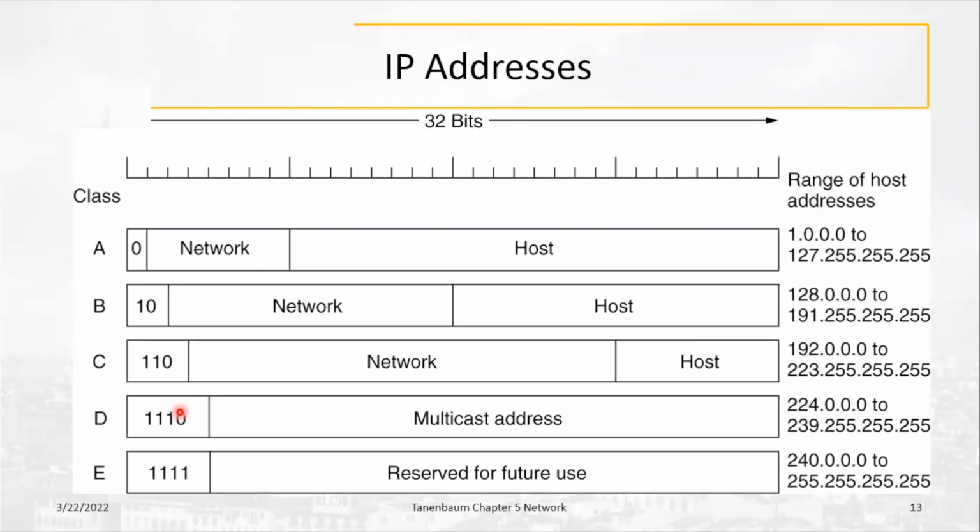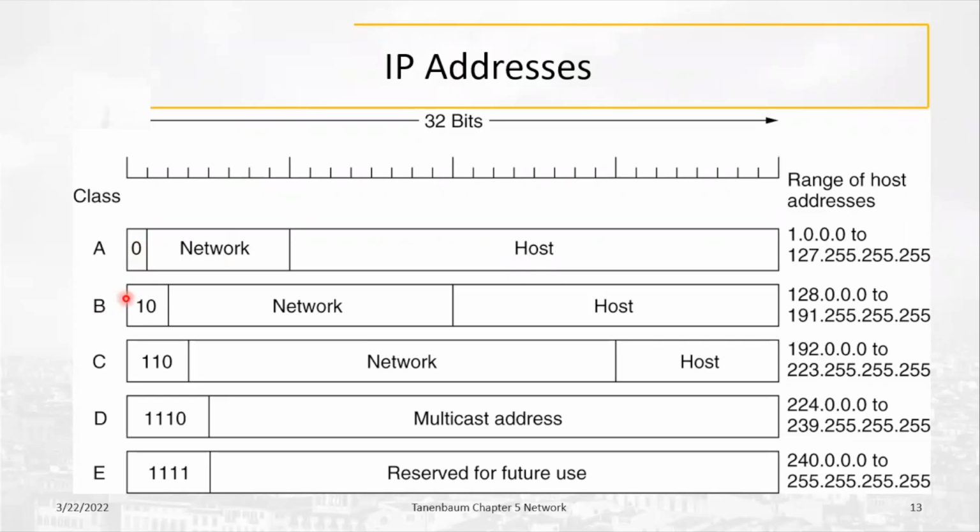Okay, so once you have fixed this bit, obviously the number of networks will be reduced. We had calculated the number of networks from all the 8 bits. But you can't change this bit. If you change this bit to 1, that means you are changing the class.